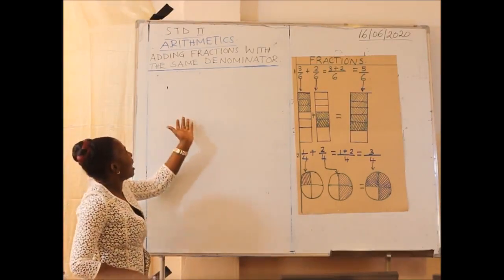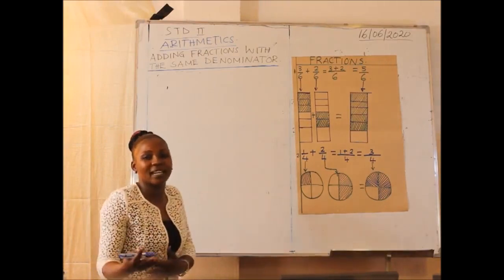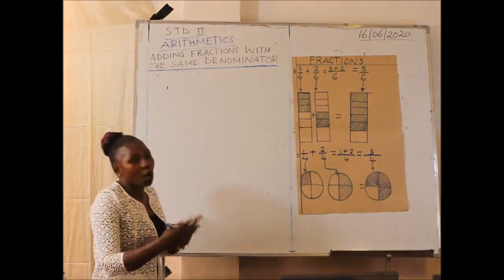So the total number of equal divided parts is what's called the denominator. And if someone asks you, same denominator in another name is known as what? Same denominator is also known as like denominator, or sometimes common denominator.